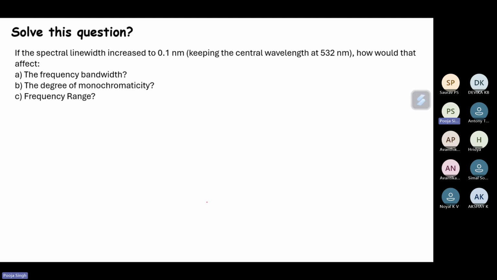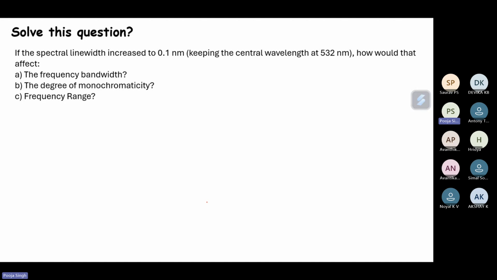I also don't know the answer without solving. It will be a little longer, but I think you will be able to solve it.